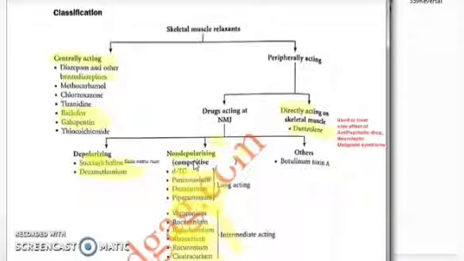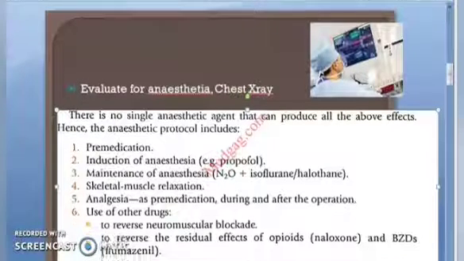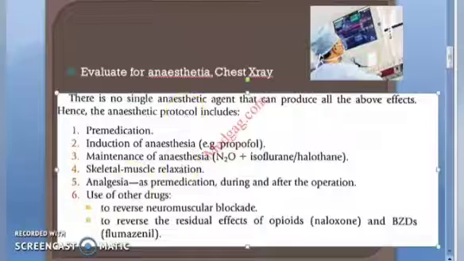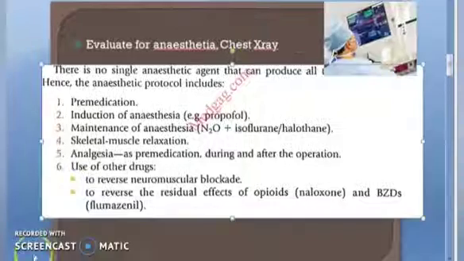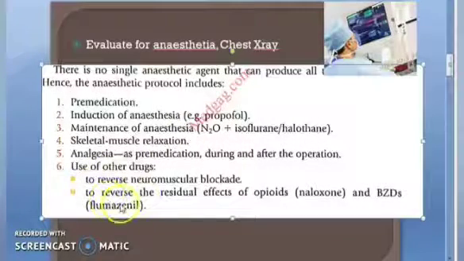Non-depolarizing muscle relaxant. Analgesia, they will give, what analgesics do you think they'll give? Some opioid they can give, opioid analgesics they can give. They can also give NSAIDs, okay?